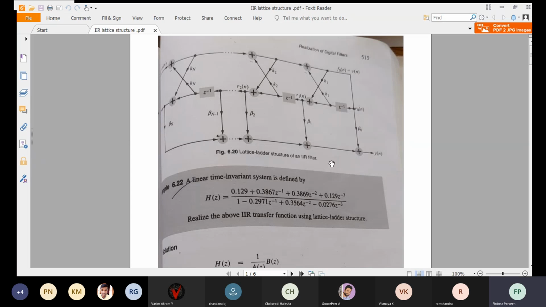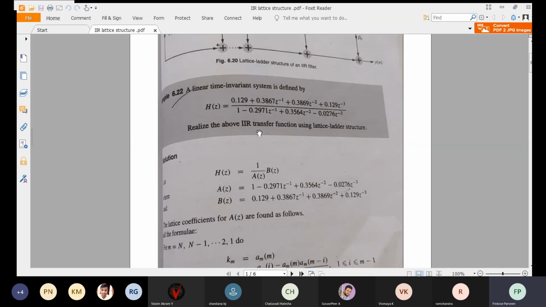See here, since there are 3 digits in the numerator side as well as in the denominator side, there are 3 poles and 3 zeros. So we want K1, K2 and K3. And we want beta naught, beta 1, beta 2 and beta 3. So these are the 7 coefficients we have to find out.